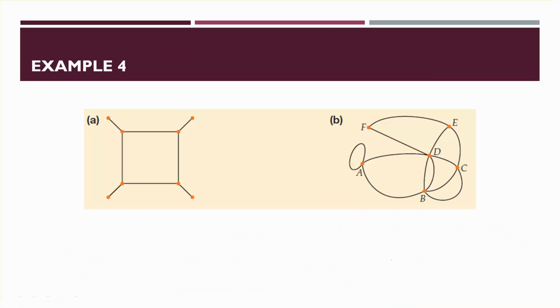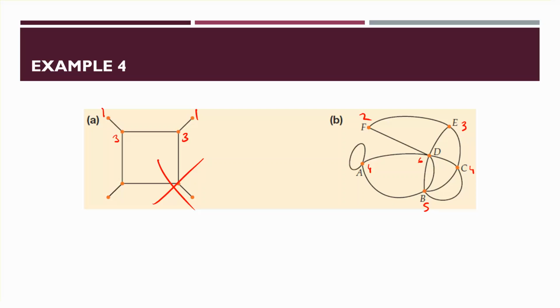All right, a couple more examples of this. If we go through these, you'll realize straight away that there are more than 2 vertices of odd degree, so this one cannot have a Eulerian path or circuit in it. Let's have a go at this one. There's 4 there, 5 there, 4 there, 3 there, 2 there, and 6 there.